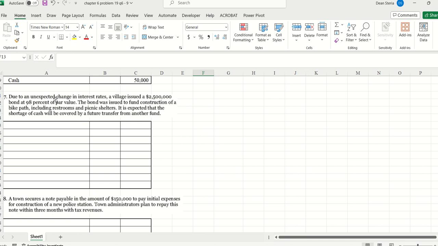Due to an unexpected change in interest rates, a village issued bonds.